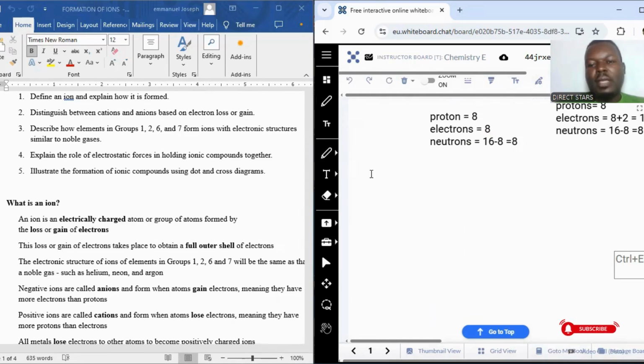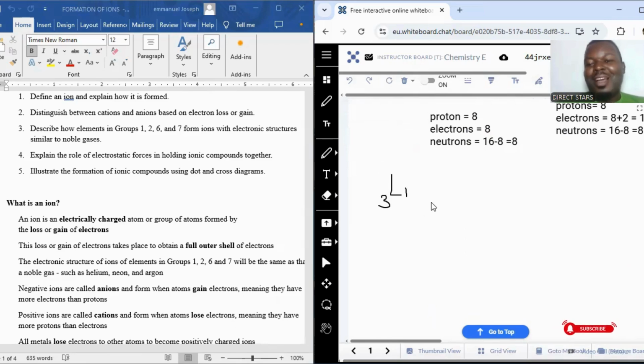So let's look at sodium, for example, or lithium. For the sake of time, I will pick lithium, because lithium is just 3.